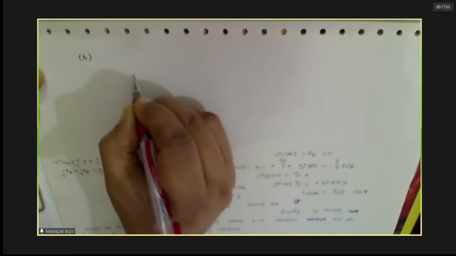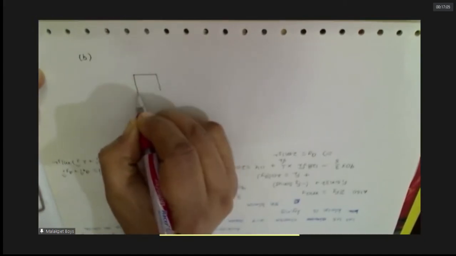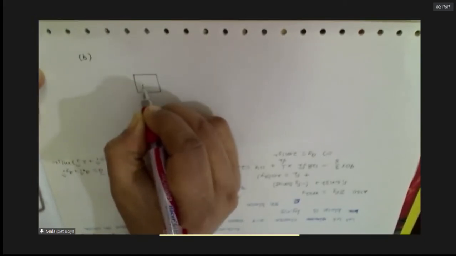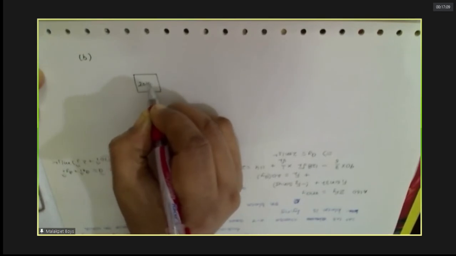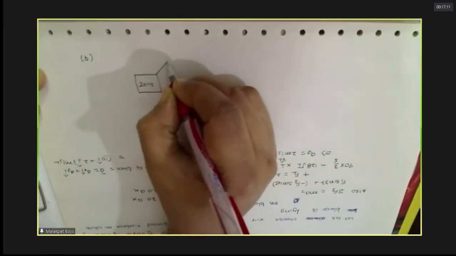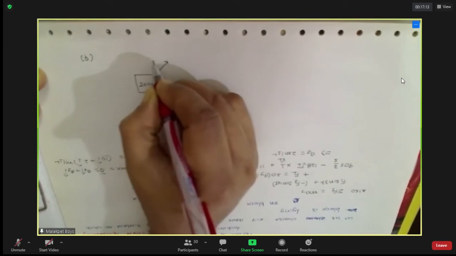Completed now? Yes, sir. See, the second part of the question is asking to find the acceleration of the boy who is exerting force F1. Now this is the block, no? This is 20 kg. It is being subjected to an action, that is force F1.